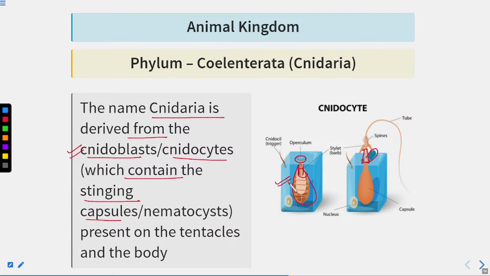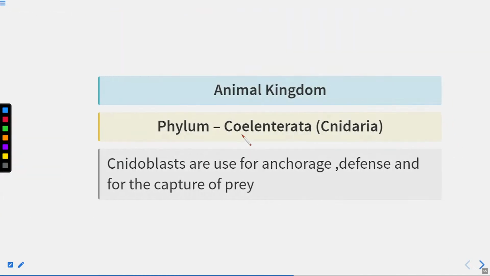And when any danger is there, any organism that could harm it, then what happens? This cnidoblast takes out a tube-like structure, right? And this tube-like structure releases some chemical toxin substance that can kill that organism, right? So this Cnidaria name comes from this special cell that is called cnidoblast cells or the cnidocytes.